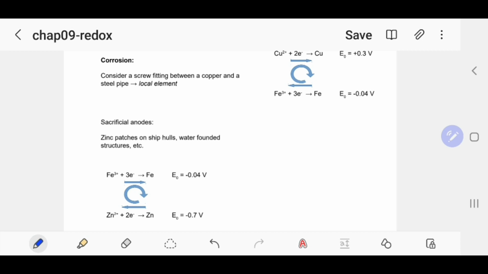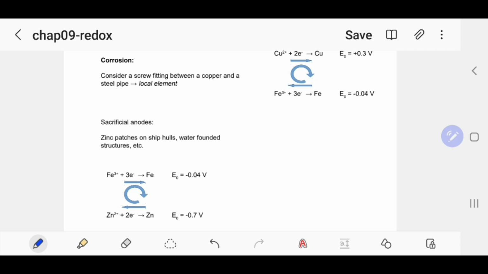Corrosion is the effect of a redox reaction taking place, where the iron, for example, is oxidized. And this happens when we have two different metals, one acting as a reducing agent and one acting as the oxidant.